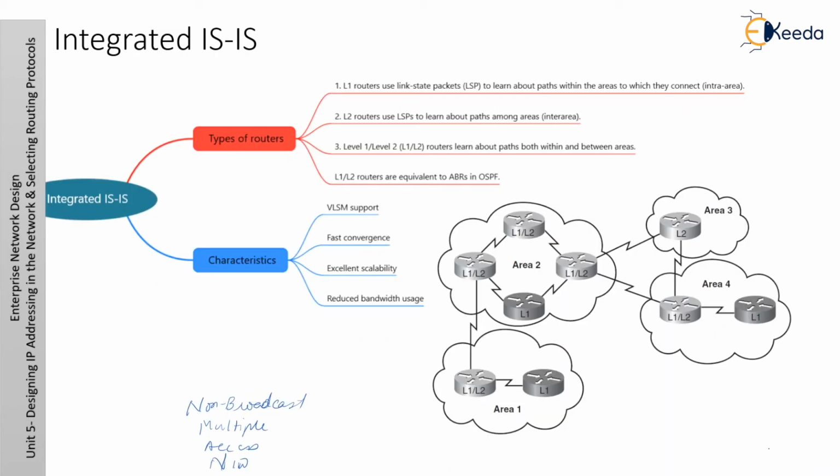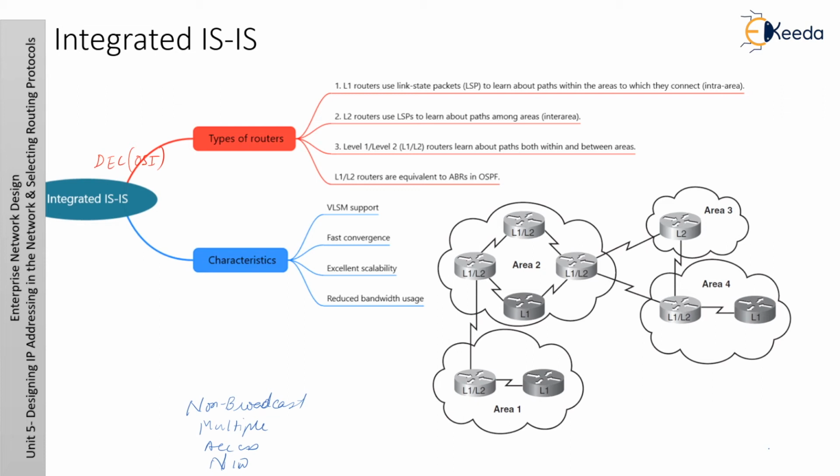Integrated IS-IS. It is a very special protocol and it was developed by Digital Equipment Corporation, DEC. So this is the proprietary protocol of DEC, a dynamic link state routing protocol for the Open System Interconnection protocol suite, the OSI protocol suite.